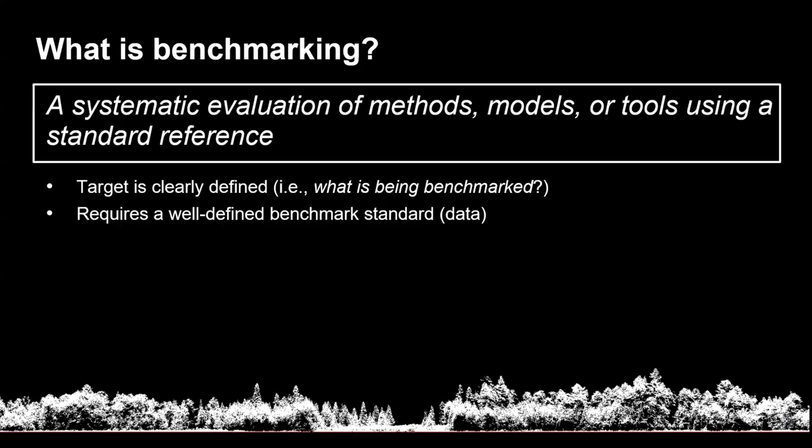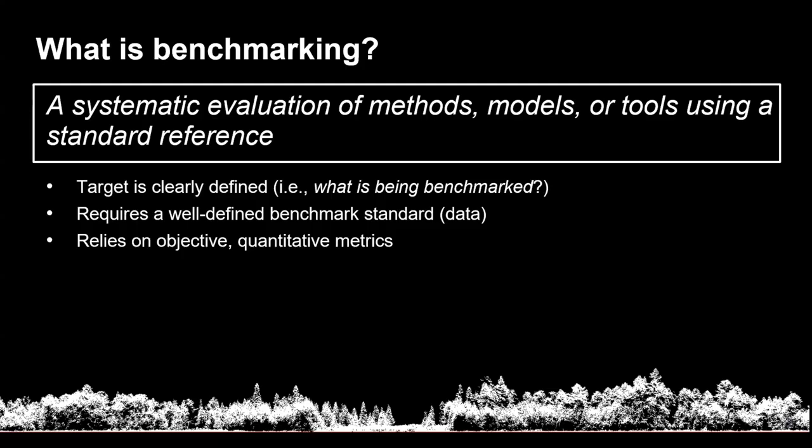This is why benchmarks often include fixed data sets that may have fixed splits, so fixed calibration and validation splits, so that they are consistently being used by all end users. Critically, they rely on objective and quantitative metrics such as accuracy or precision, or in the case of regression, perhaps RMSE or something like that.